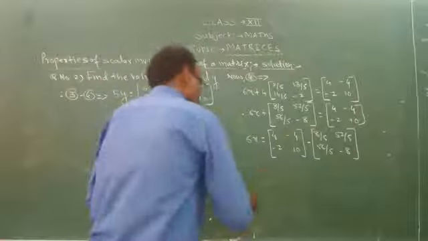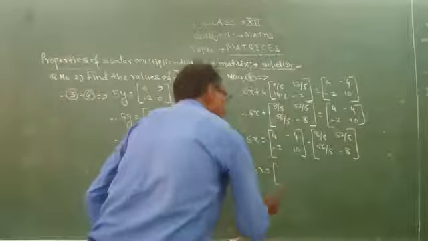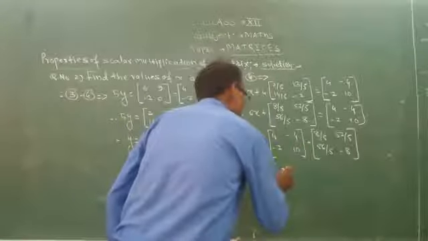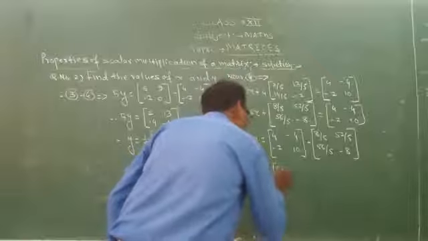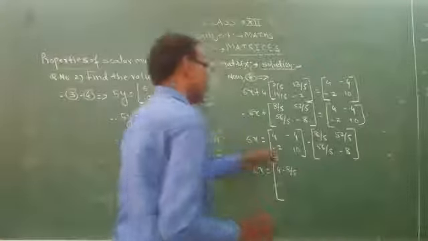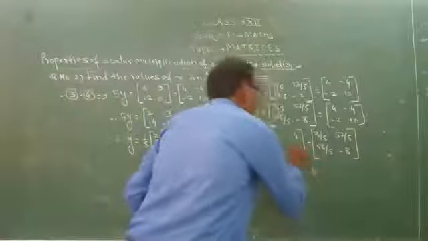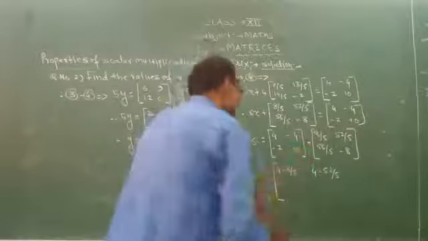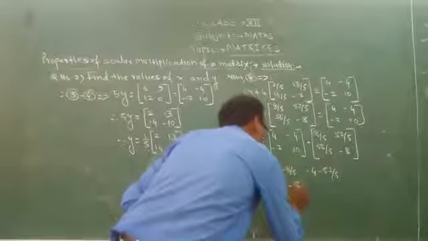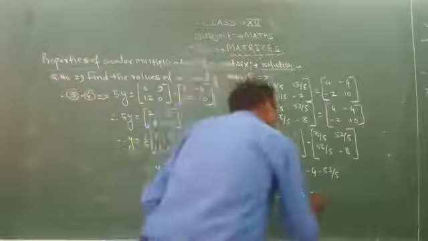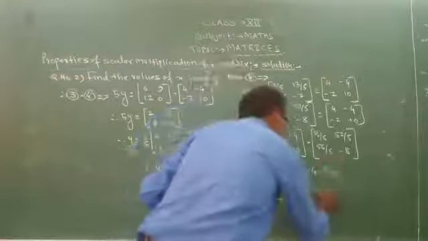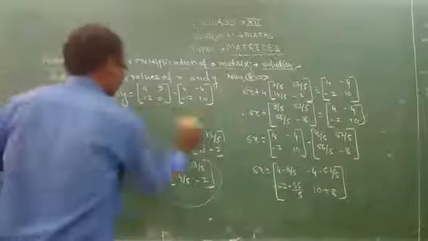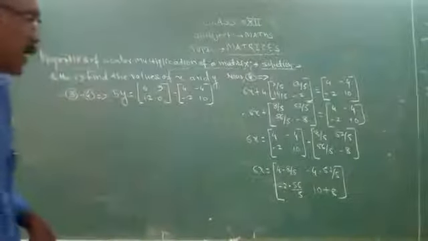So, taking the subtraction, 6x equals 4 minus 8 by 5, minus 4 minus 52 by 5, minus 2 minus 56 by 5, and 10 minus 8 that will be plus 8.